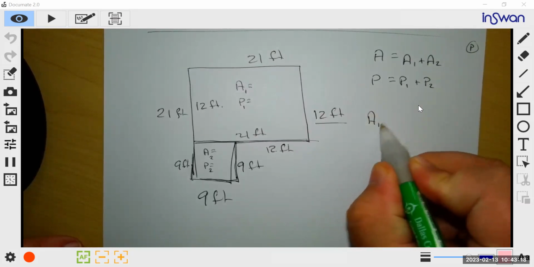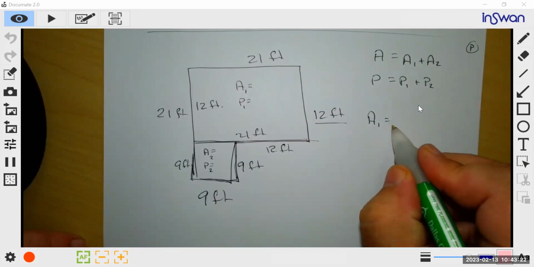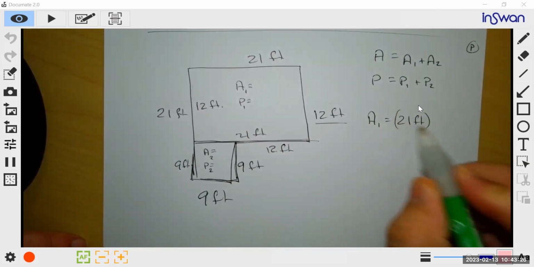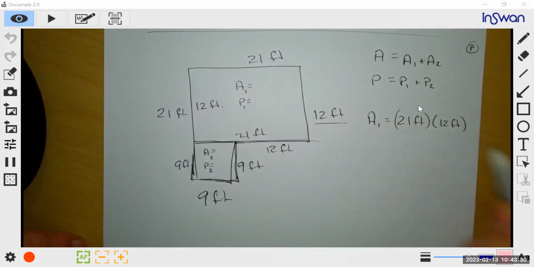So look at area of this bigger object. The length is 21 feet. The width is 12 feet. So we have 21 times 12.